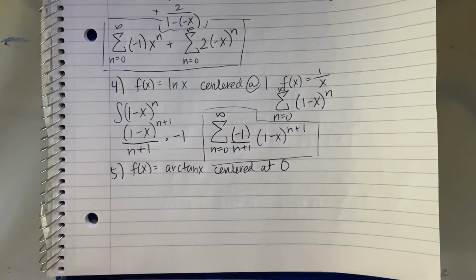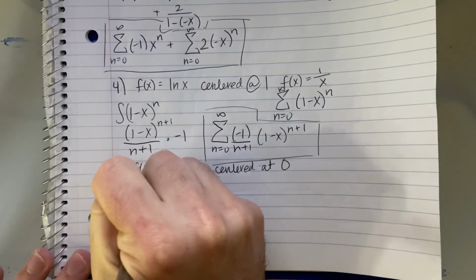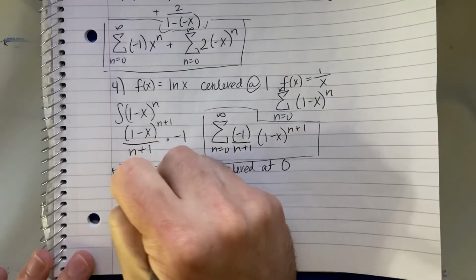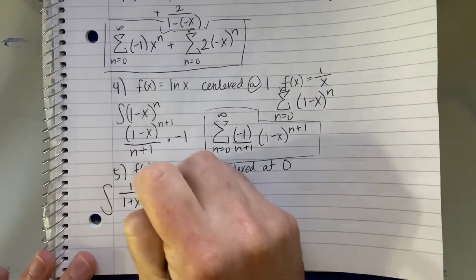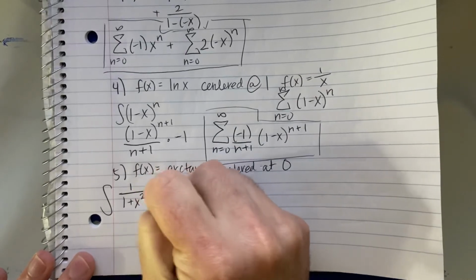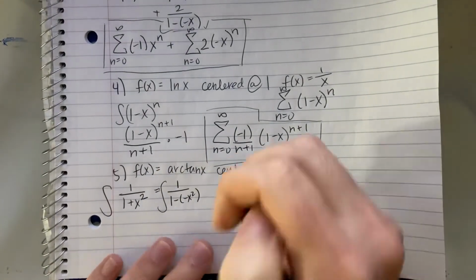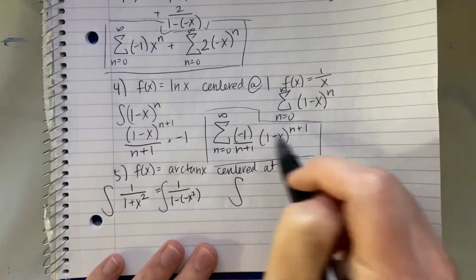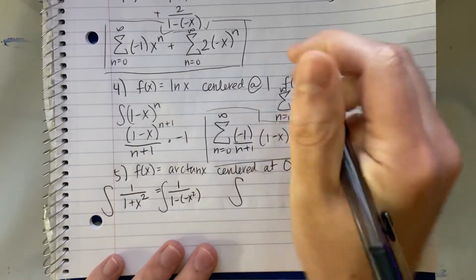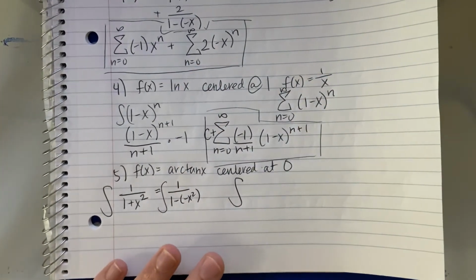Okay, what's the derivative of arctan x? 1 over 1 plus x squared, which is equal to 1 over, so it's the integral of 1 over 1 plus x squared. It's the integral of 1 over 1 minus negative x squared. Now this is a over 1 minus r form, so I need to integrate. By the way, I should say we integrated this, so what do we really need? It's this whole thing plus c back up here.